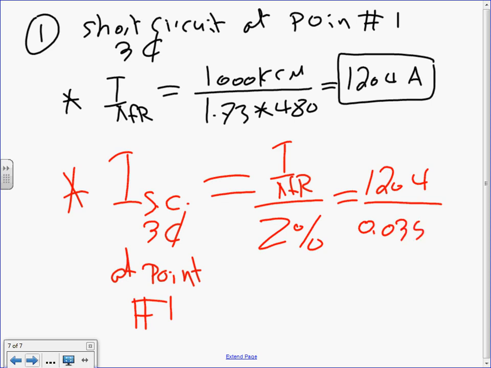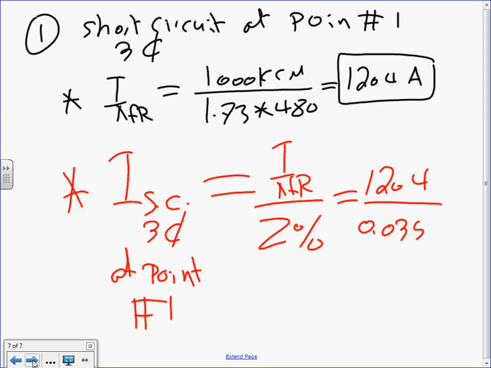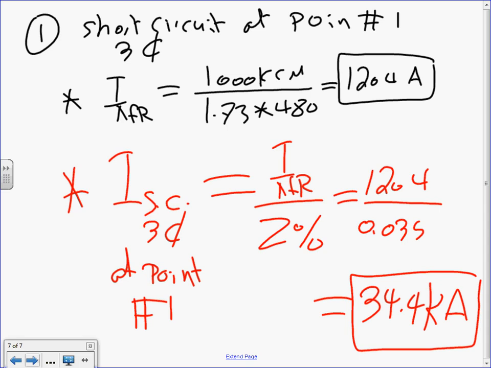This is 3.5%, so that would be 0.035. And I need my favorite friend to give me an answer. 34.4, you approximated, right? Okay, kilo amp. I need a second, please. Second. Thank you. See how big the short circuit is now? It got bigger.